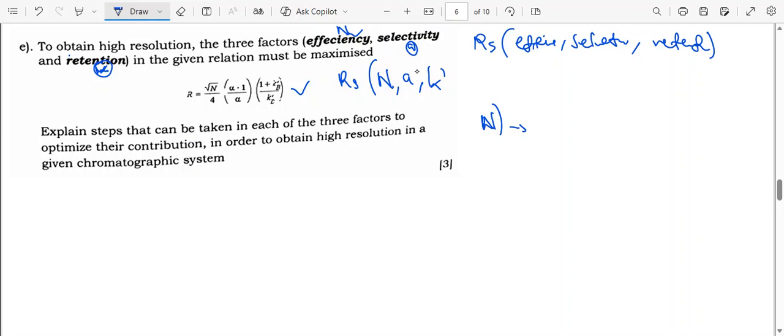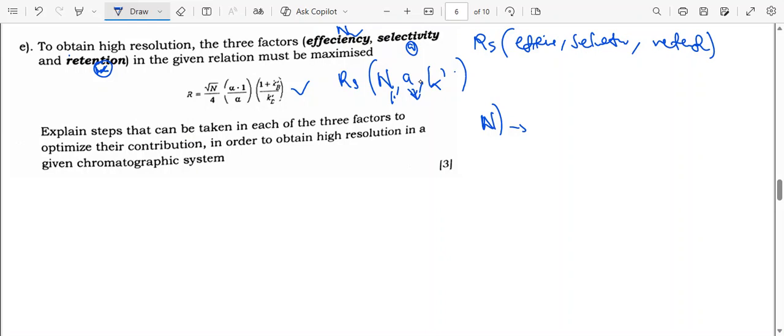This is the retention factor. So where N is the efficiency, which is how well the column performs, A is the selectivity, which is about separation ability, how well 2 substances can be separated.